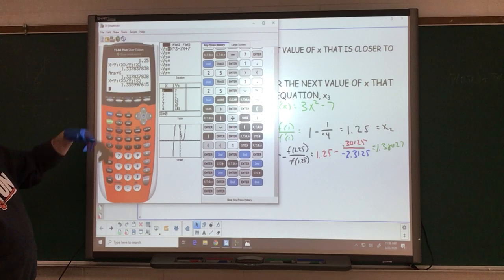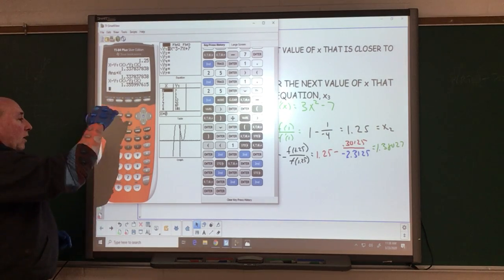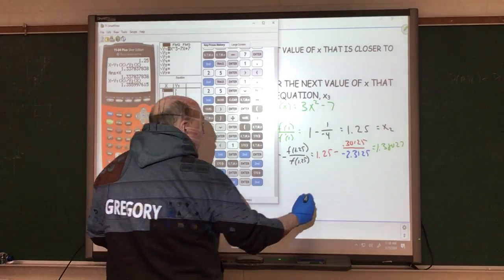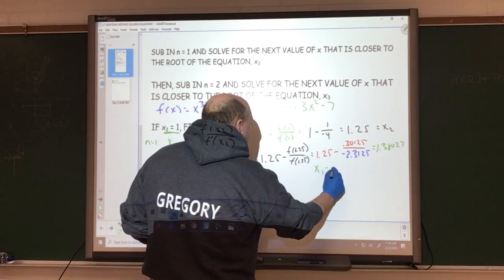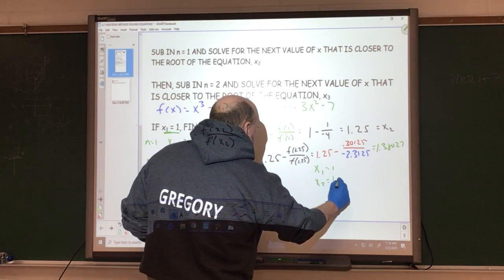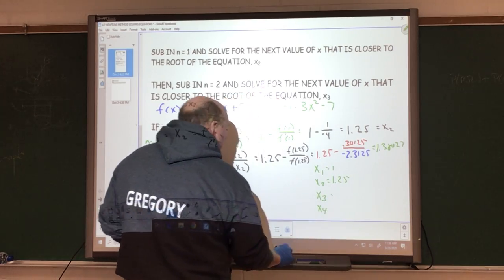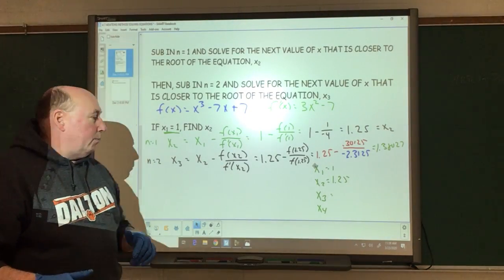Okay, it's starting to repeat. So once again, write all these values down. What I should see is X1 is 1, X2 was 1.25, X3, X4. I want you to continue to write all these X values down that we get.